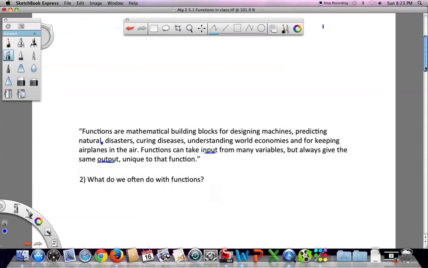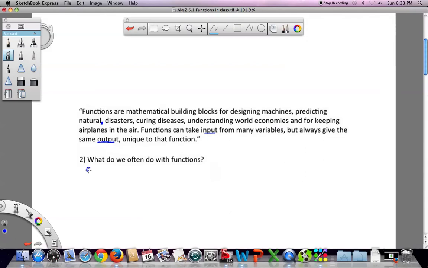Anyway, what do we often do with functions? Well, some of the things that we do with functions is that we often graph them. Okay, we make tables with them. We evaluate them. So evaluate means that we find a value. We compare them. So let's look at all of these.